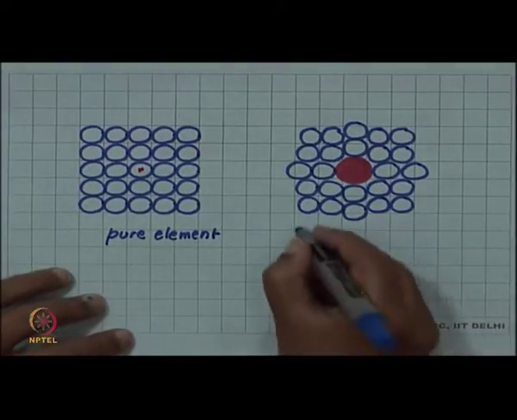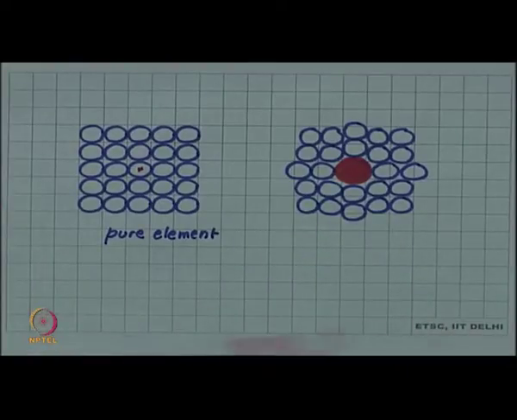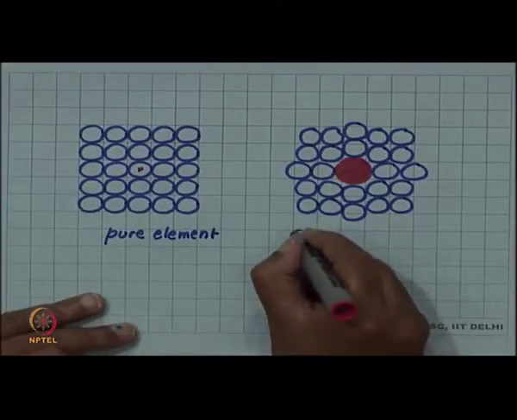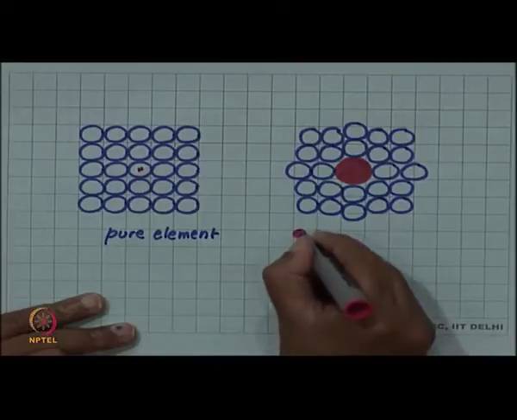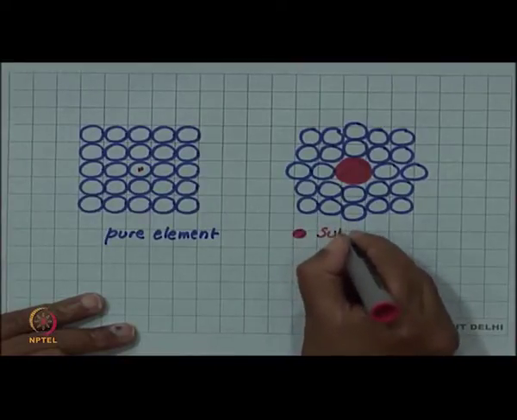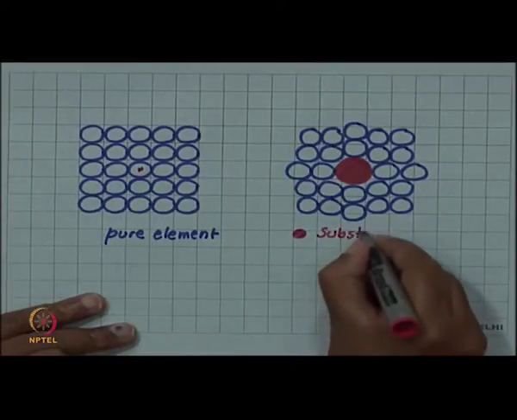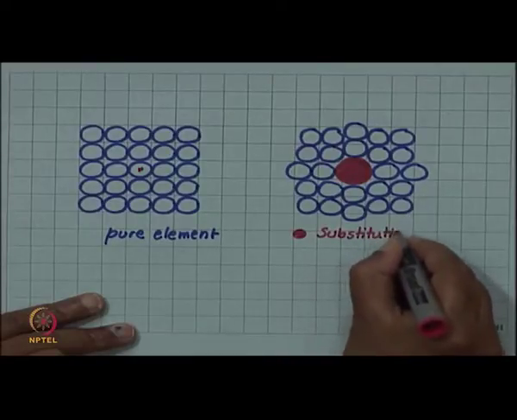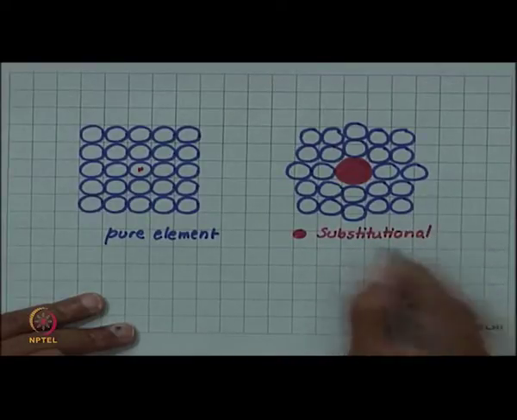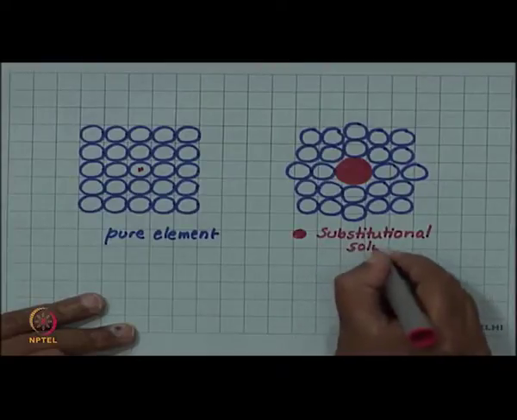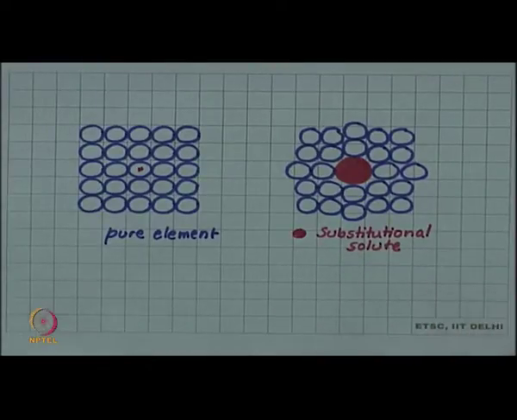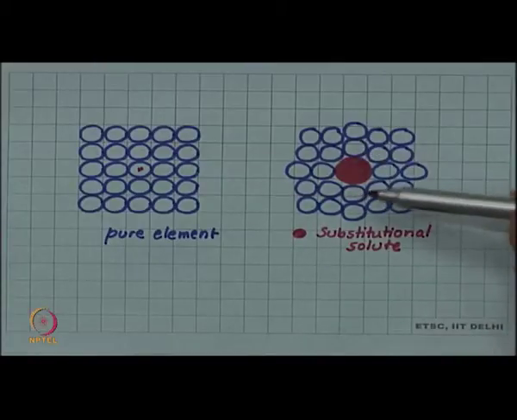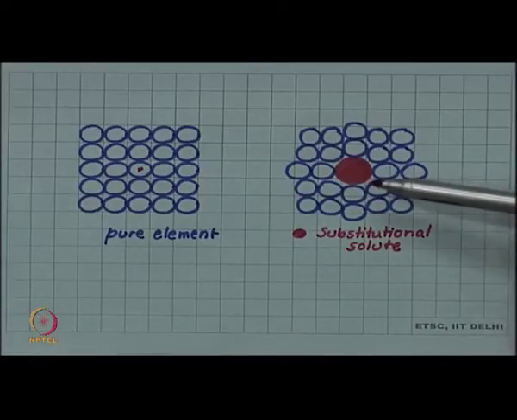So, this is a substitutional solute, the red element here. And the way I have drawn it, I have substituted a larger substitutional solute atom.